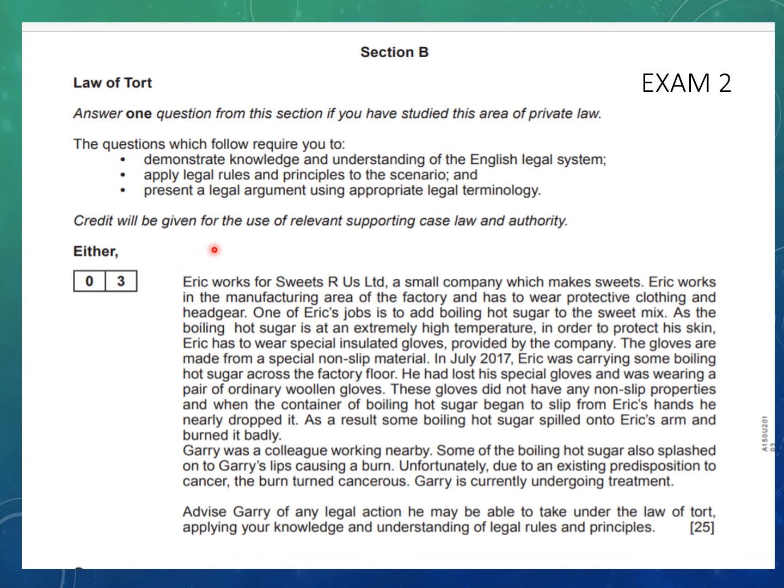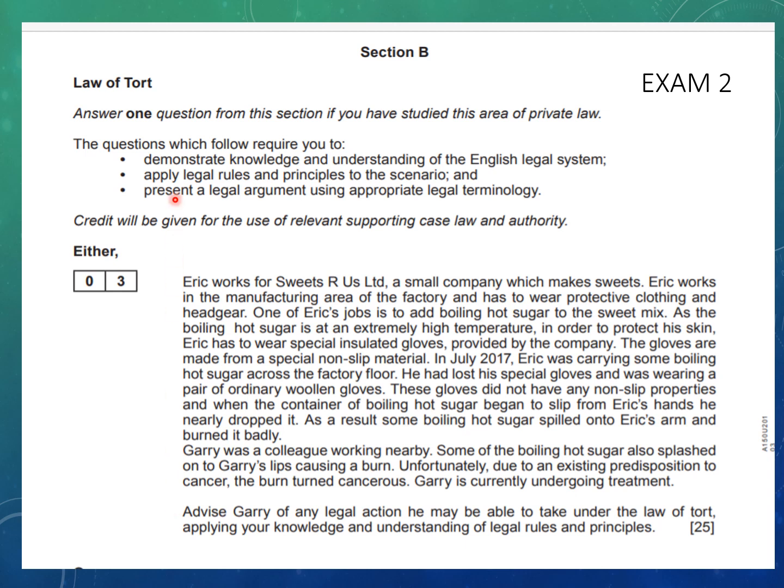On this slide, we're still looking at exam 2, but this is section B, and I've included one of the law of tort questions. Section B happens to be law of tort, and again, you've got a choice of 2. You would answer question 3 or question 4.